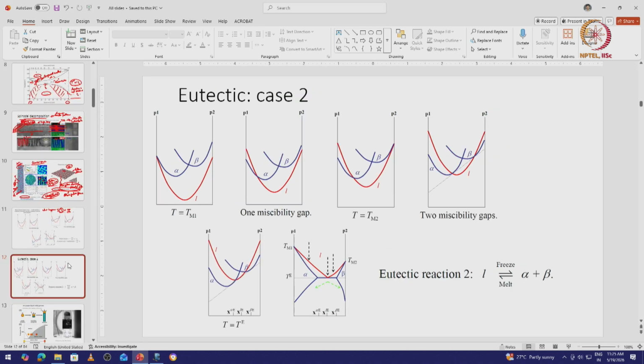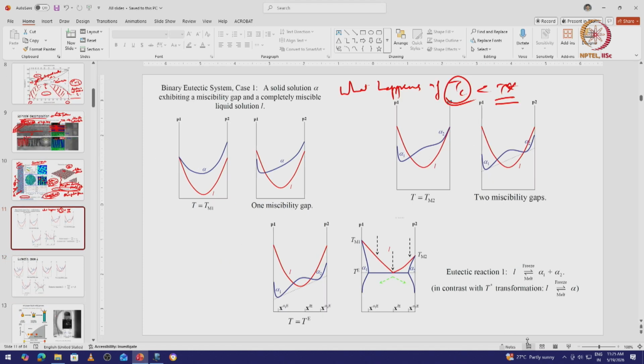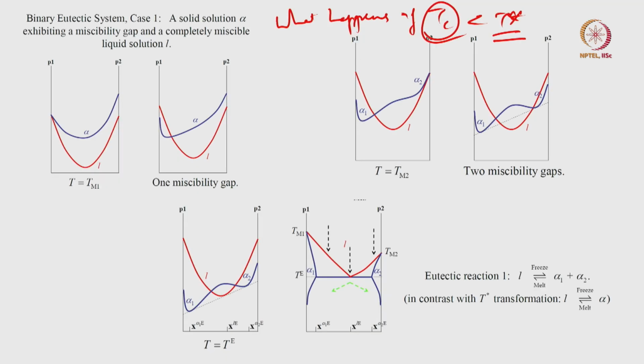So in that case, alpha is now flat, and at high temperatures, this is T high, the liquid is below alpha. So the liquid is more or less stable except at this point, that's your melting point of pure 1. Then the liquid starts going up, and alpha keeps coming down.